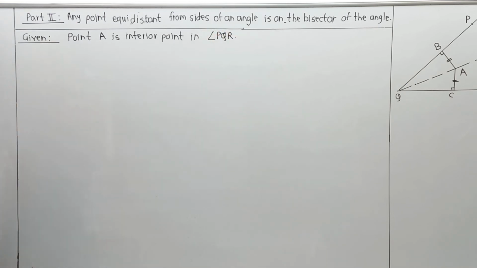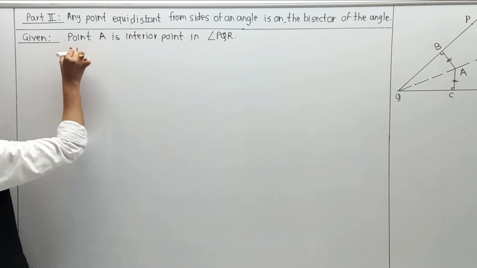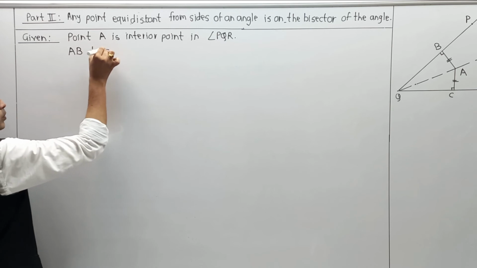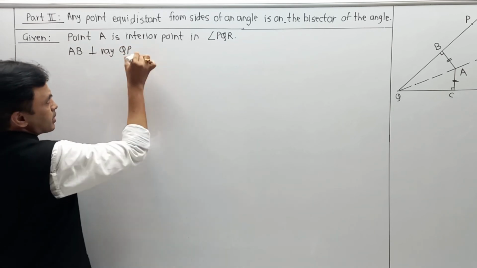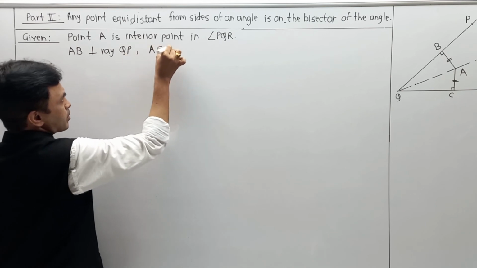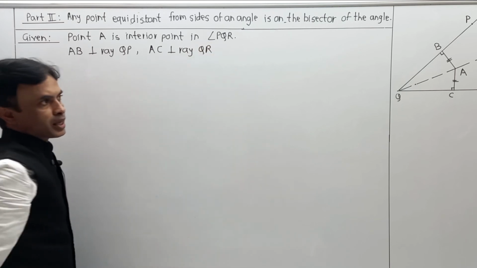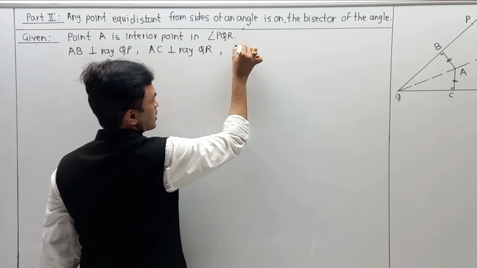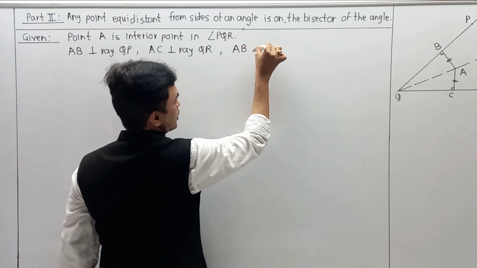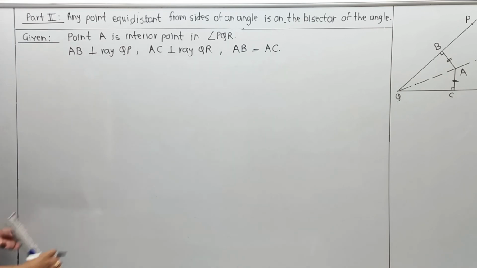Next we have AB perpendicular to PQ. AB is perpendicular to ray QP and AC perpendicular to ray QR, and also AB is congruent to AC, or we can say that AB is equal to AC. This all part is nothing but given for us.